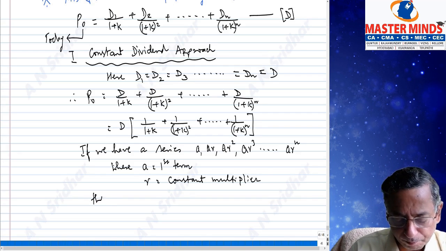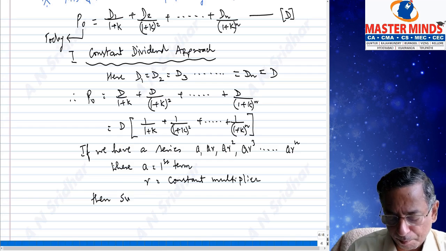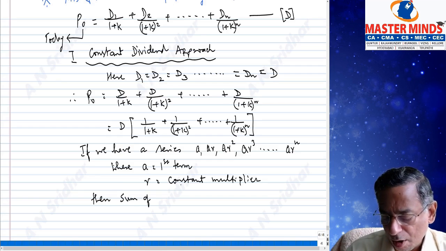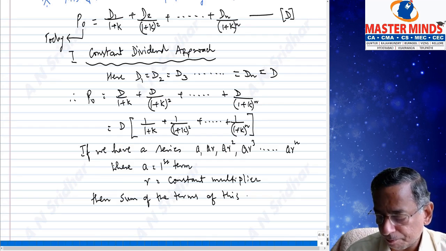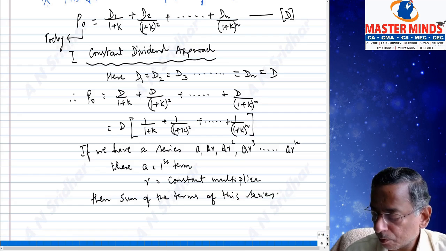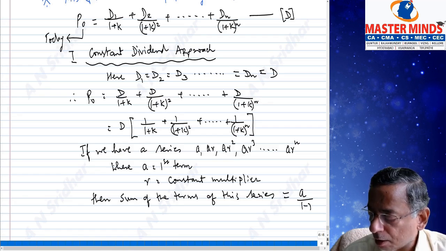Then the sum of the terms of this series is equal to A upon 1 minus R.